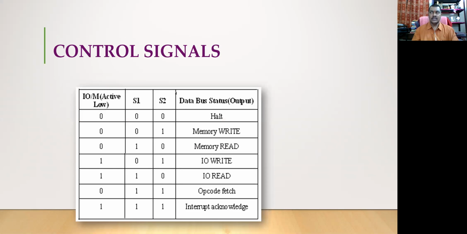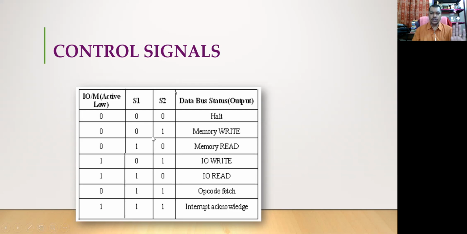Then these are the control signals which are used for the data bus status. We have three signals: IO/M bar (active low), S0 and S1. What will be the data bus status output? When all 3 are 0, 0, 0, the data bus will be halt.